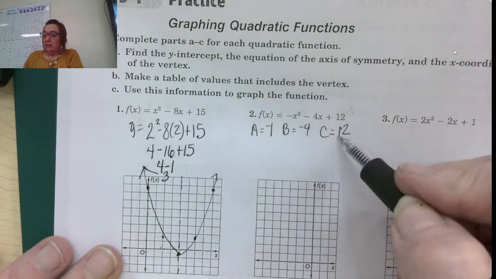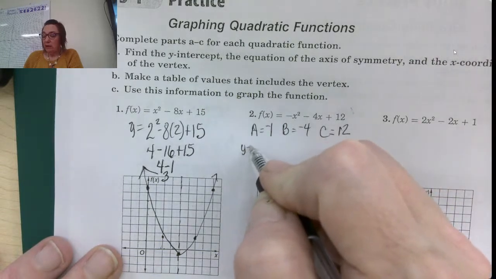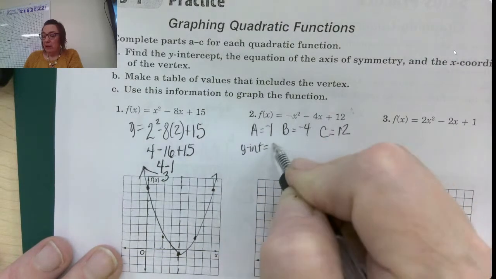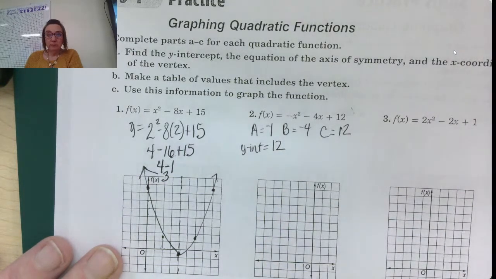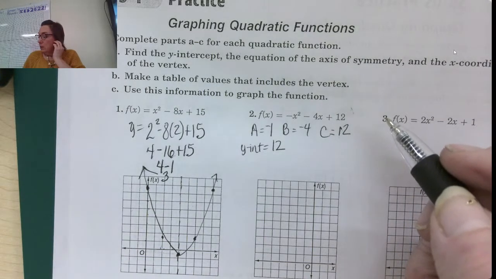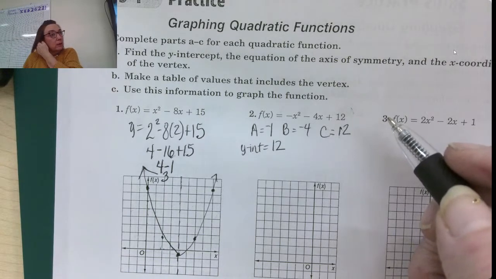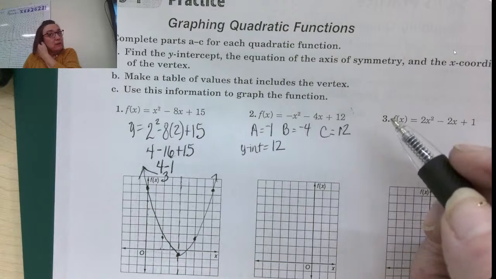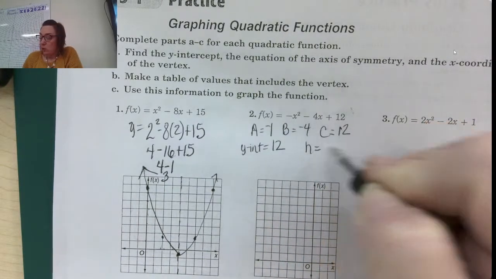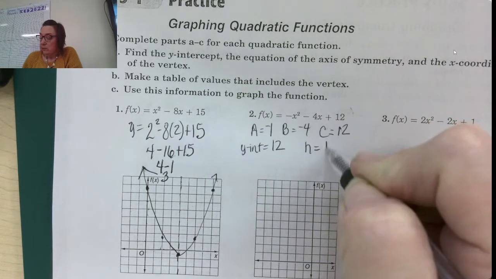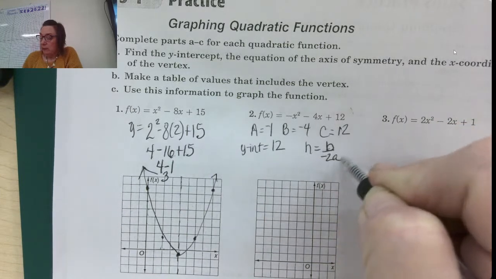Now, we know that C is equal to our y-intercept, right? So our y-intercept for this is going to be 12. We know if we want to find our x value for our vertex, we need to do h equals b divided by -2a.